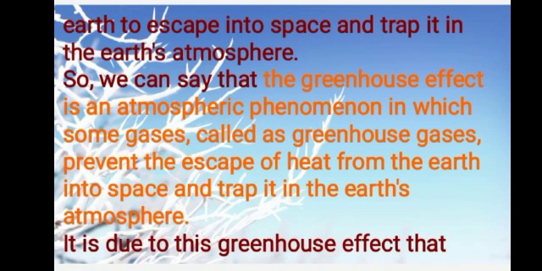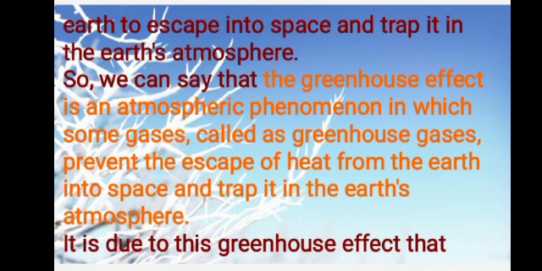So we can say that the greenhouse effect is an atmospheric phenomenon in which some gases called greenhouse gases prevent the escape of heat from the earth into space and trap it in the earth's atmosphere.